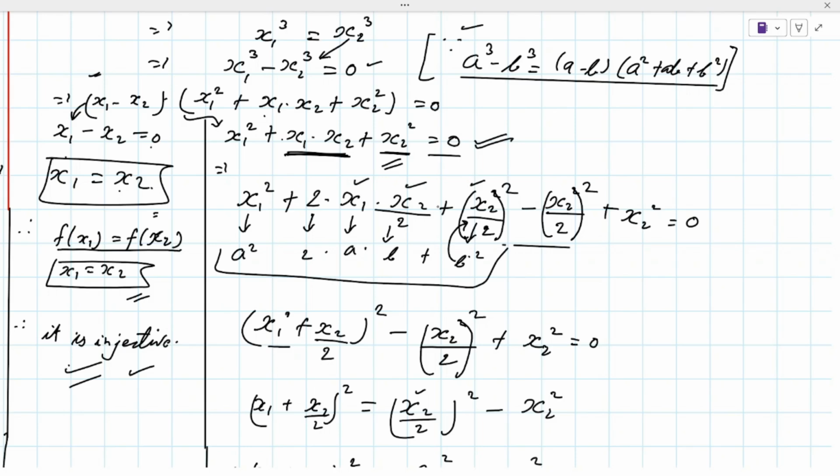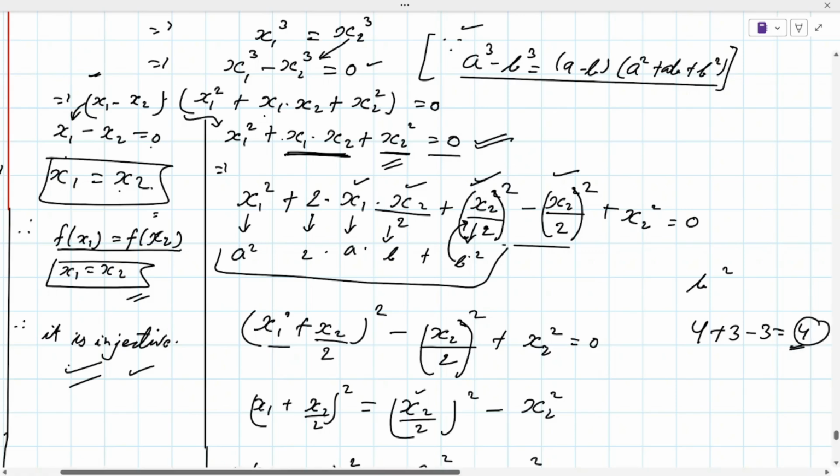So here as you can see the b is x2 by 2 and in the next part we need b square na. So we first add b square and subtract b square so that there will be no change in the result, right? है ना? When we add 3 in 4 and subtract 3 again, the result will be 4 already na. It will not affect the result.